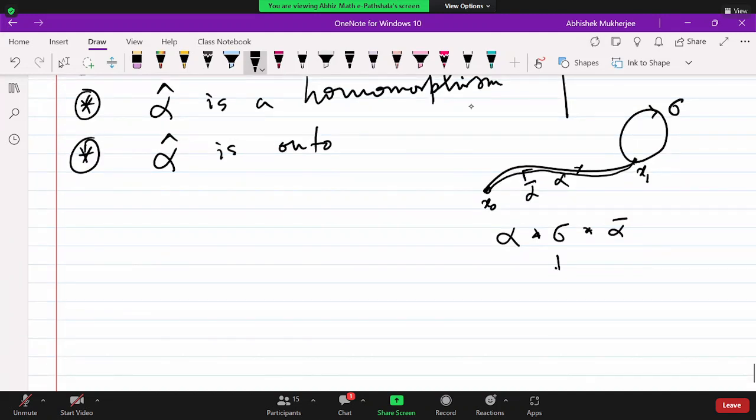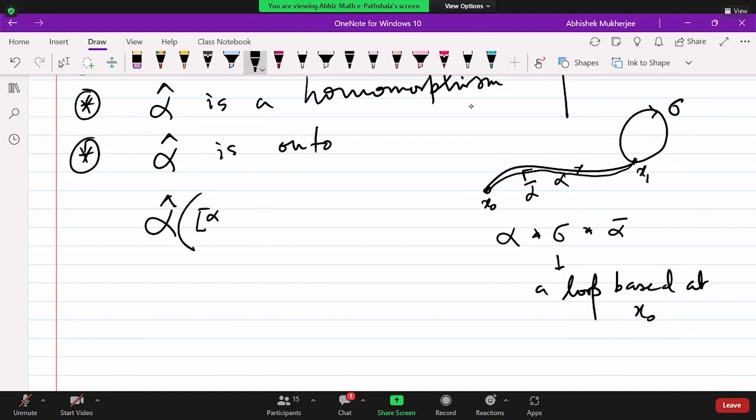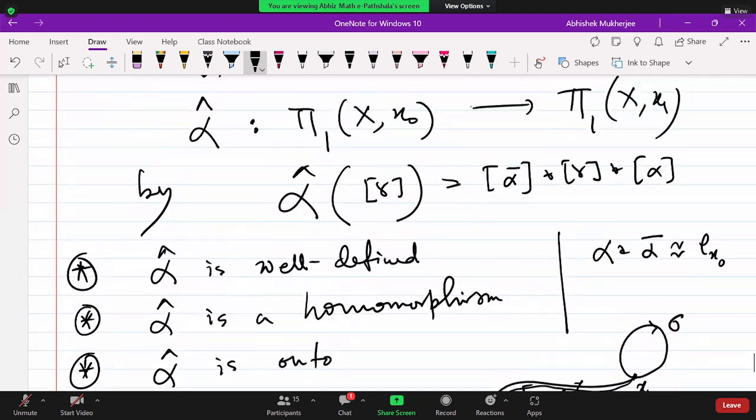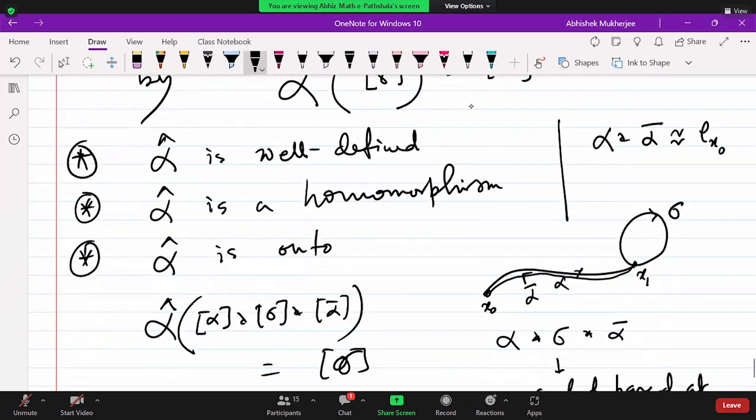So this is a loop based at x naught, and you can check that this loop will be mapped to class sigma, just using this fact, this one, and the reverse one, this.